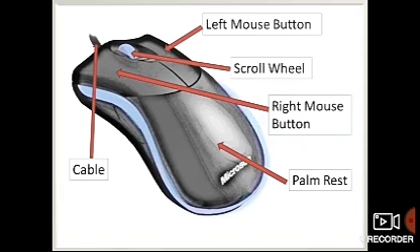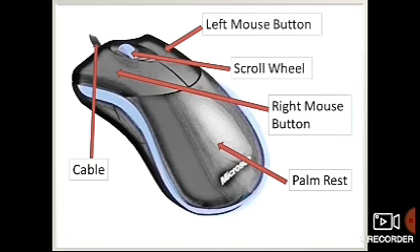So mouse has a left button and a right button. Now mouse also has a wheel, and mouse also has an area where you place your palm, and that is known as palm rest.